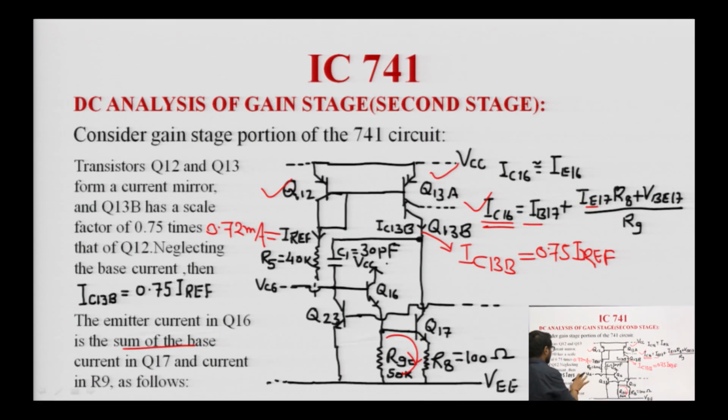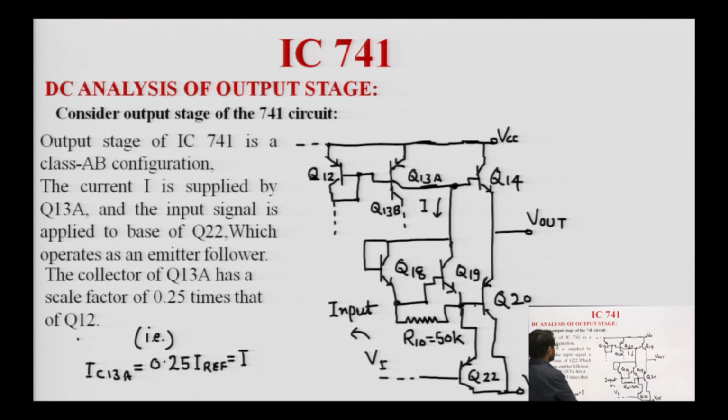And what is the purpose of C1 here? We previously discussed CC, that is the C1, and its value is 13 picofarad. We provide the feedback between the input and output of the gain stage. Okay. And this is the last stage, the output stage of the IC 741.